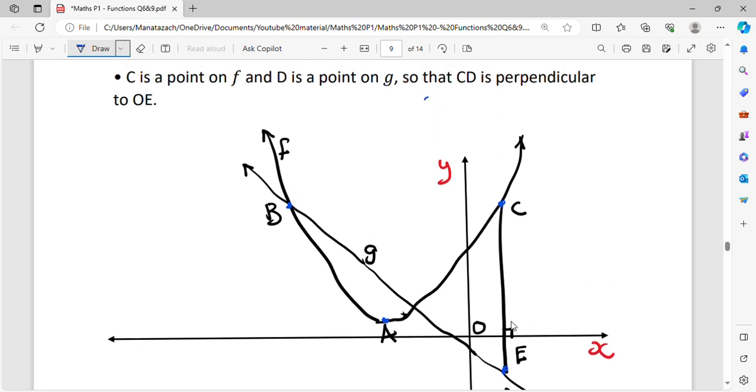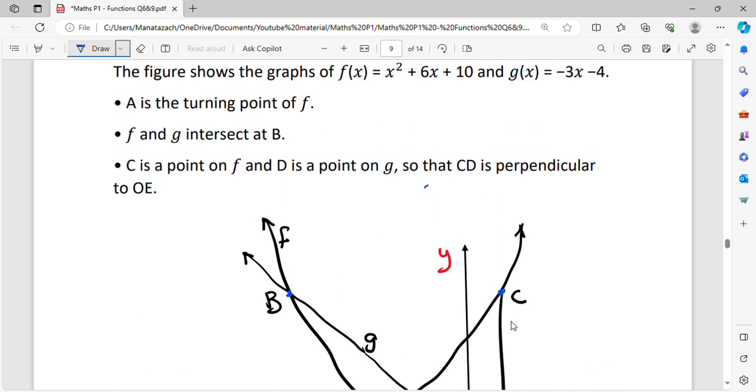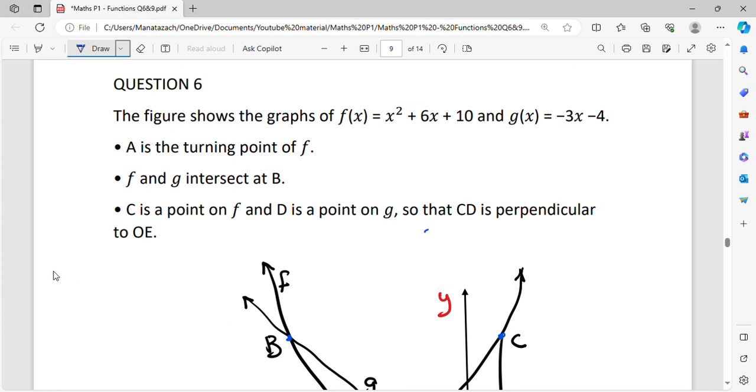Okay, let's find the coordinates of A, the turning point of f. We'll call this 6.1. Since we're dealing with the turning point of f, let's write the function f of x. So at the turning point, we know that the gradient is 0.